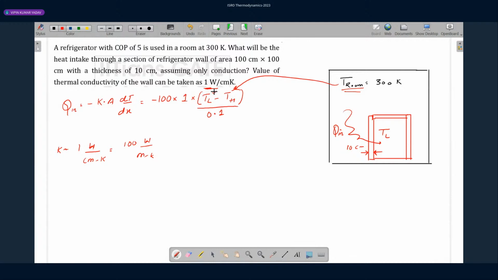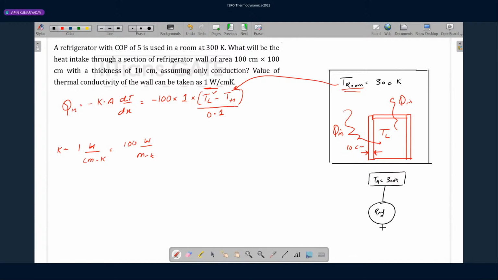Okay, so what is T lower? Now, as this is the refrigerator, the purpose of the refrigerator is to throw out this Q in. Whatever Q in is coming, it has to throw out. So the COP of this refrigerator, if I want to draw, I can draw it like this. This is my T higher, which is 300 Kelvin.